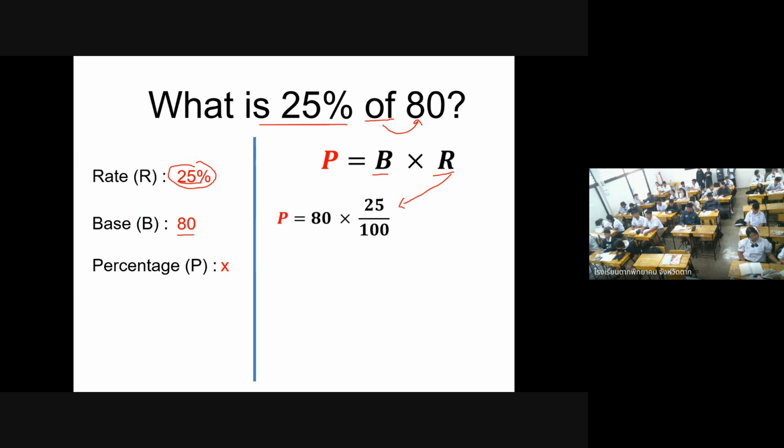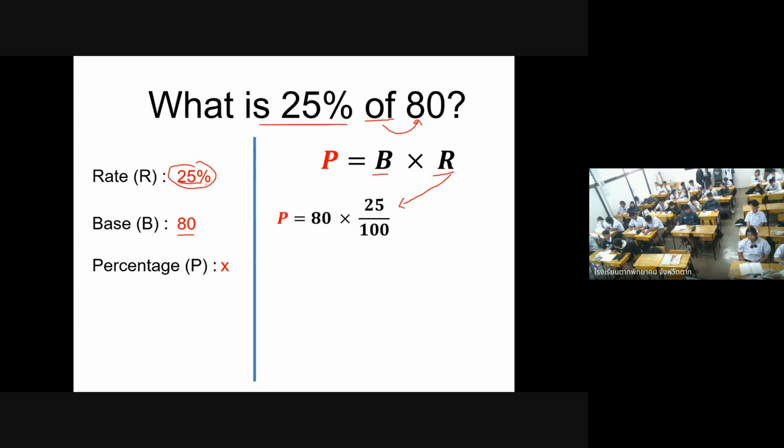Do you understand? Since only the rate is in percent form, if we're looking for the base and the percentage, we're going to convert it into a fraction or decimal.